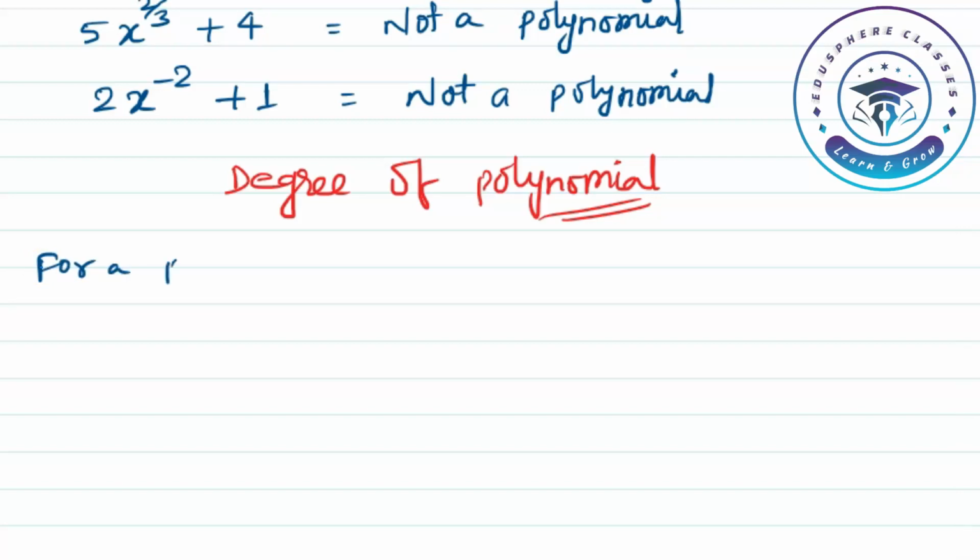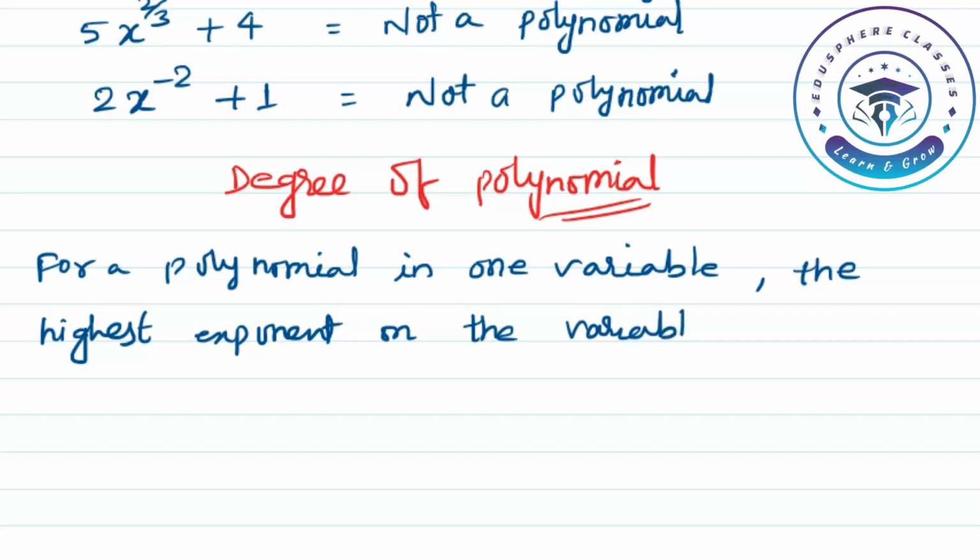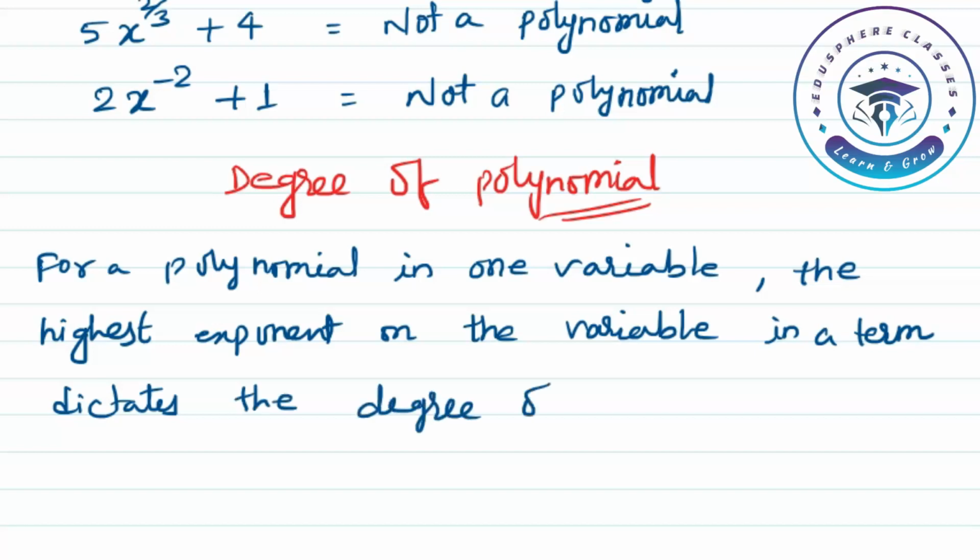For a polynomial in one variable, the highest exponent on the variable in a term dictates the degree of the polynomial.